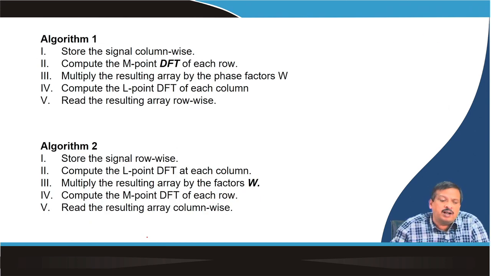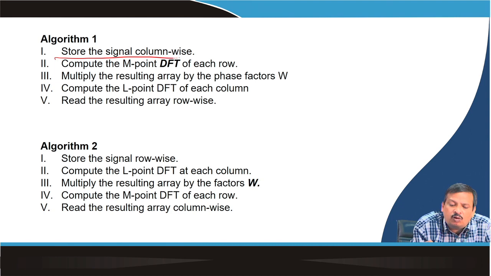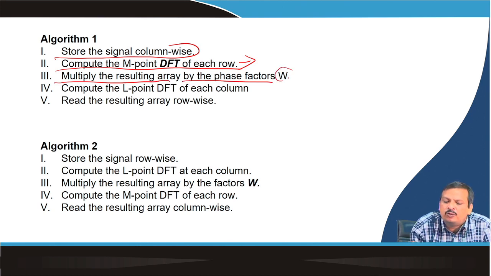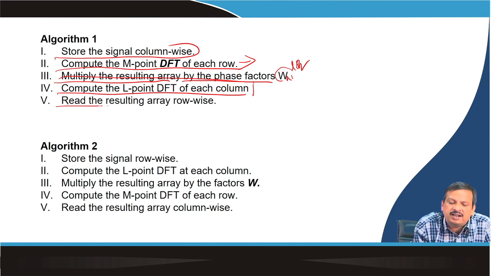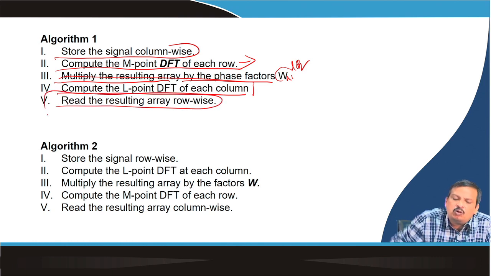So algorithm 1: store the signal column wise, compute the M point DFT for each row, multiply the resulting array by the phase vector W_N^{LP LQ}, and then compute the L point DFT for each column. Read the resulting array row wise.